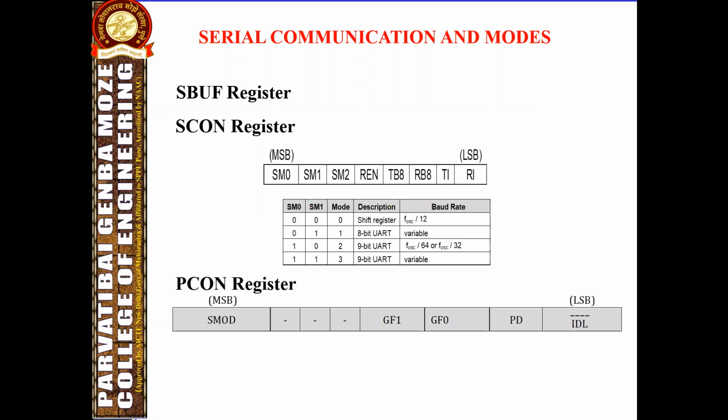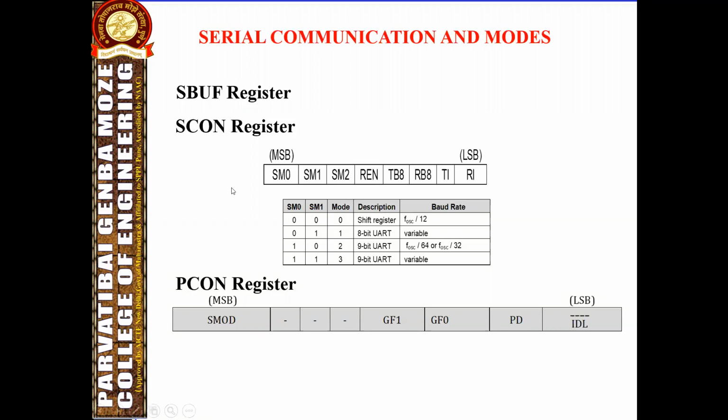In mode 2 or 3, if SM2 is set, then RI will not be activated if the received data bit RB8 is 0. In mode 1, if SM2 equals 1, then RI will not be activated if a valid stop bit was not received. In mode 0, SM2 should be 0.